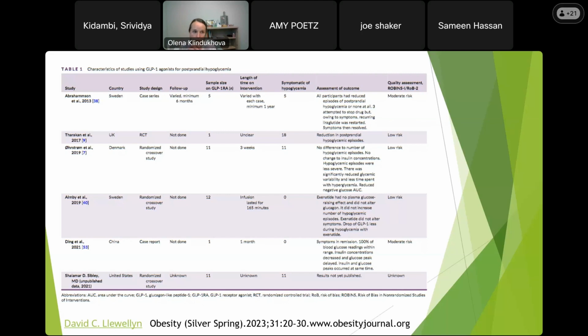So far, we have 5 patients that had very good positive outcomes, and I'm sure there is a lot more off-label use of GLP-1 in post-bariatric patients. That definitely deserves more attention and goes a little bit in contradiction with our classic approach.